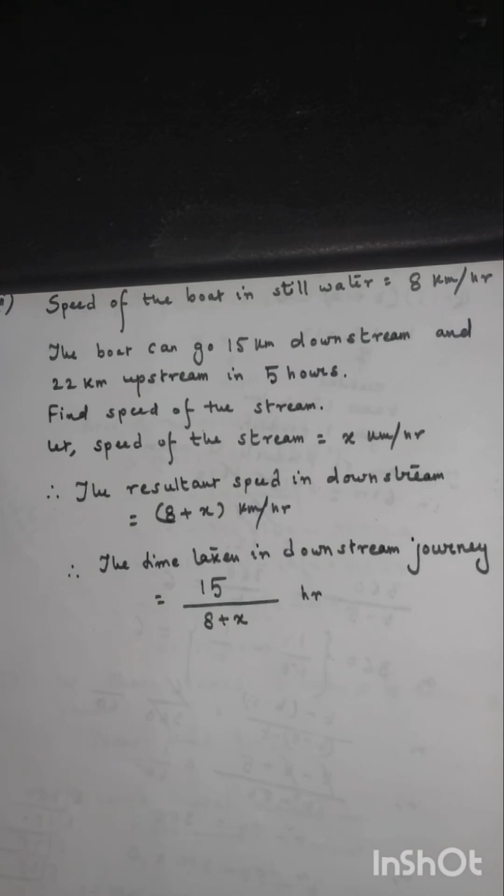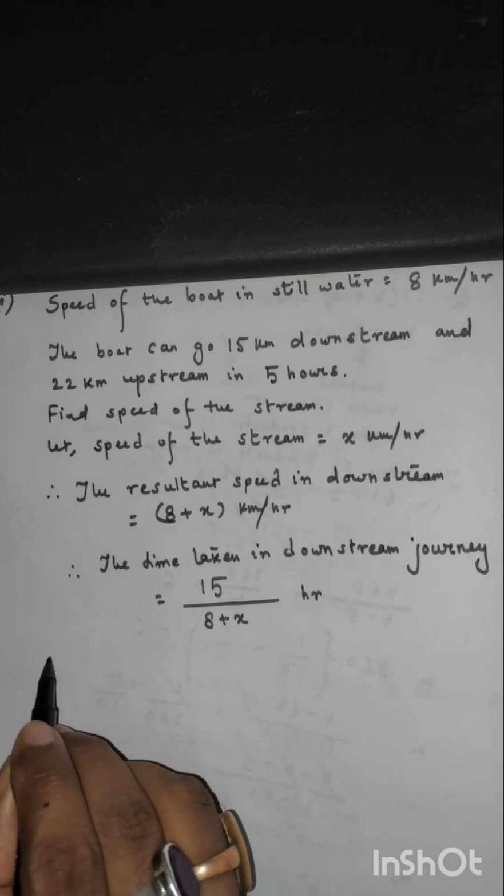Here we will subtract x from 8, because the boat is trying to go with a speed of 8 km per hour, but the river current is dragging it opposite to the direction it tries to move. That is why we are taking the difference of these two speeds.